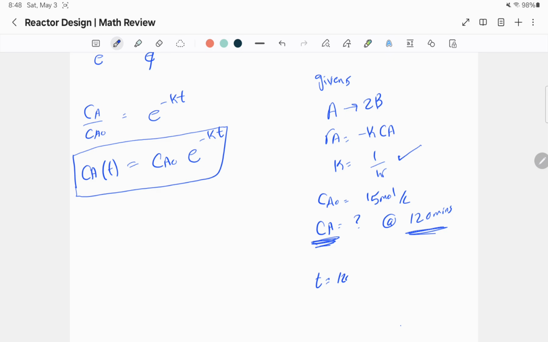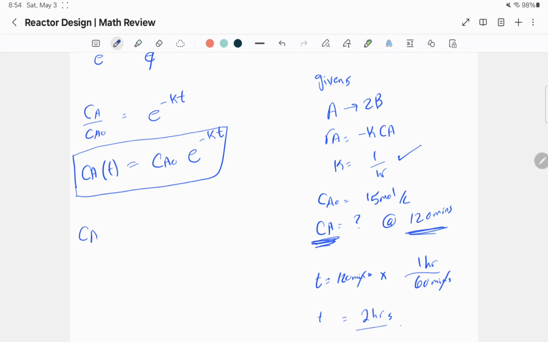Time equals 120 minutes, and what we want it to be in is hours. So 1 hour has 60 minutes. Minutes and minutes will cancel, and we'll be left with hours, and that will be 2 hours. Time equals 2 hours. So let's sub in our givens.